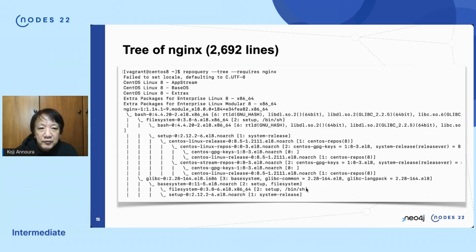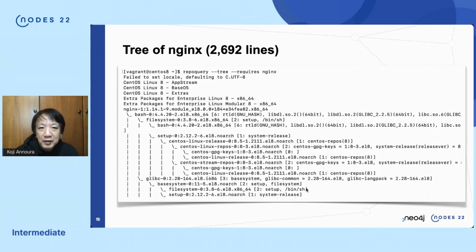I try, first one is a tree. Repo query tree requires Nginx. It's good to read, but it's difficult. Long items and something.